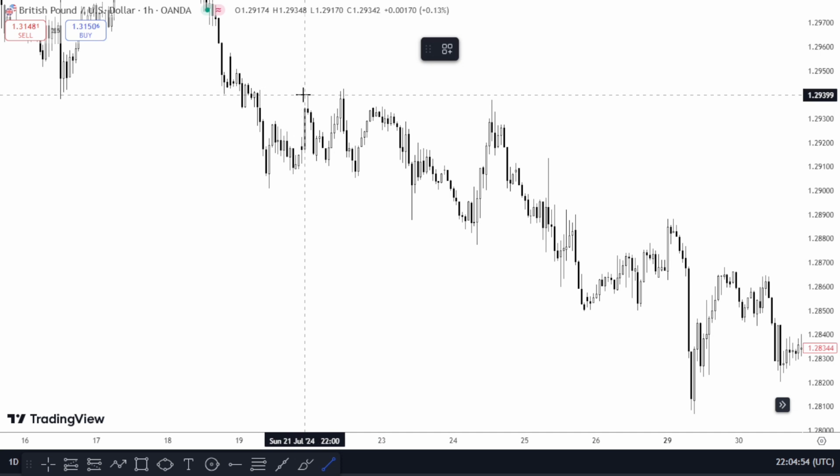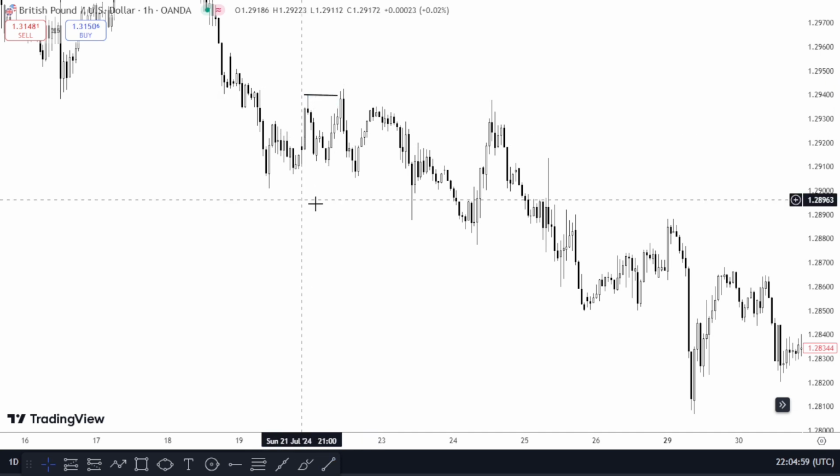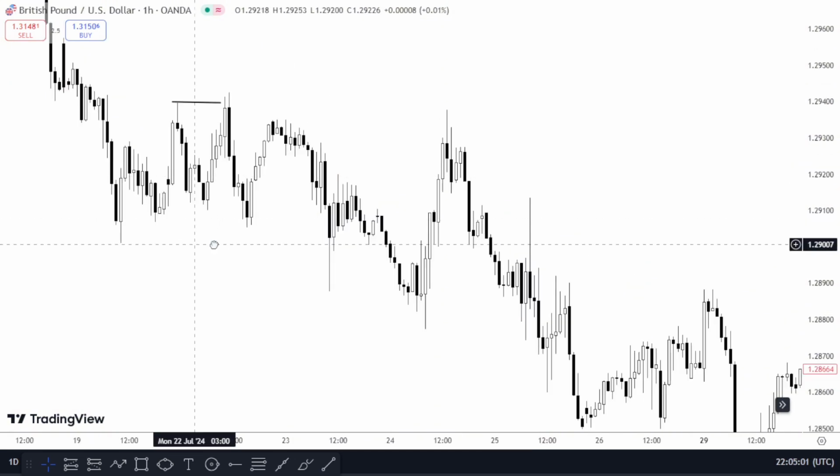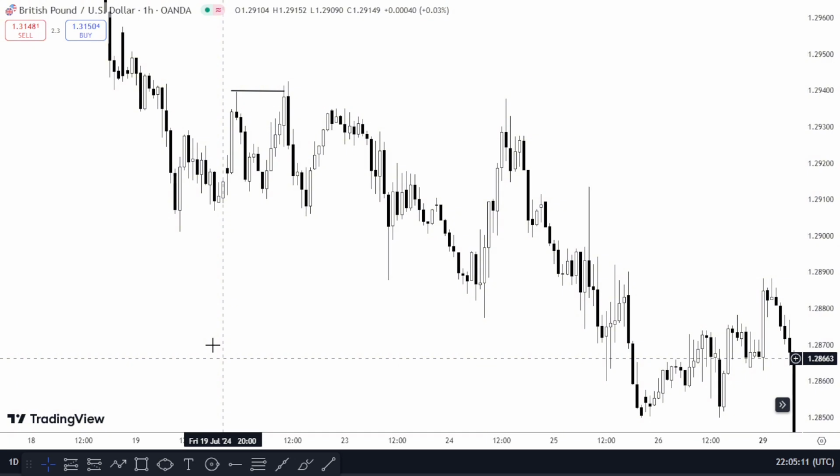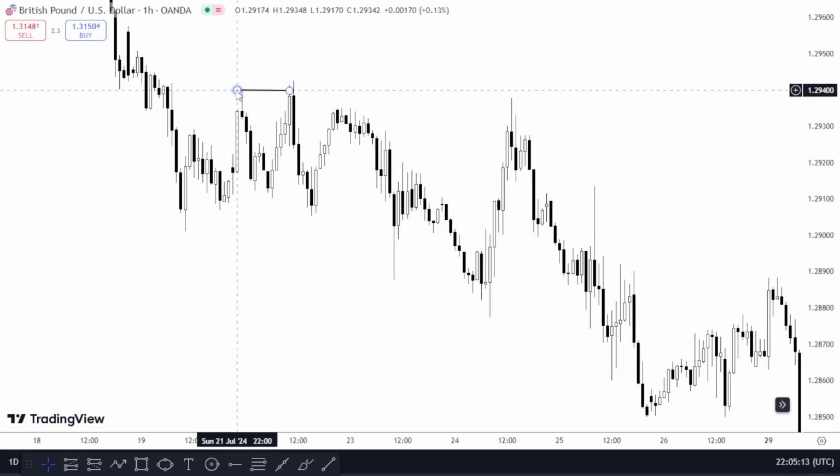We have a sweep of liquidity, all right, guys? You can clearly see that. We have our sweep of liquidity right here.